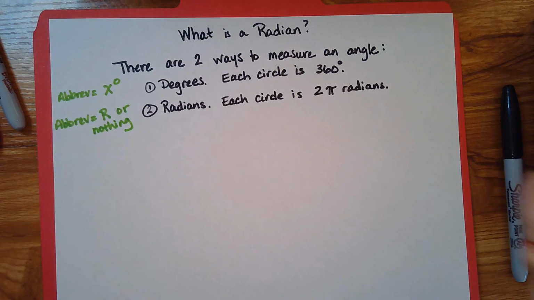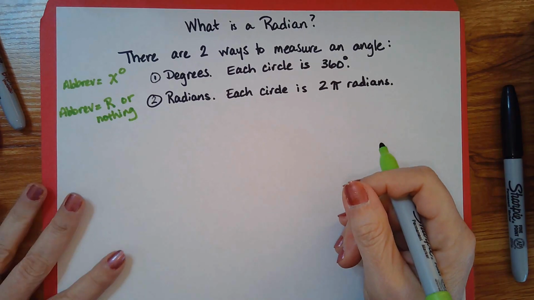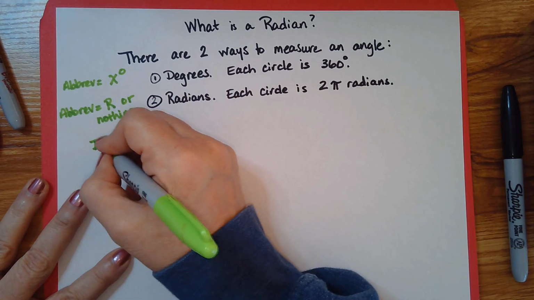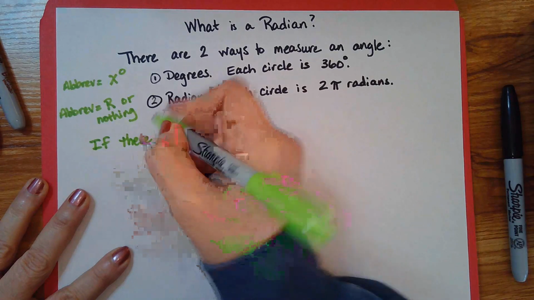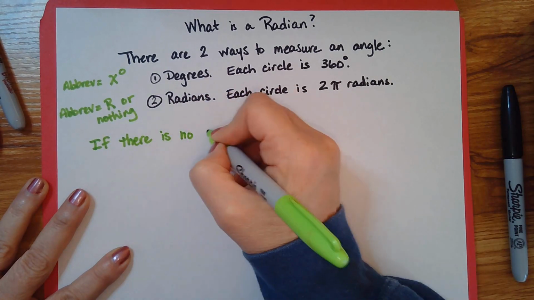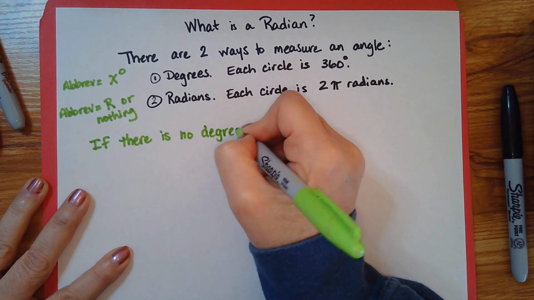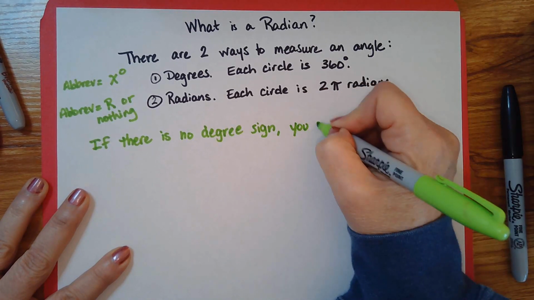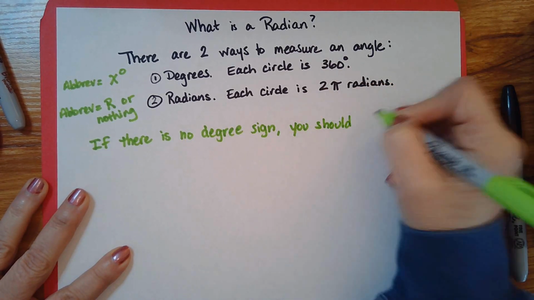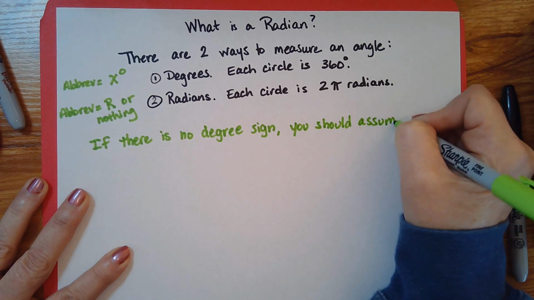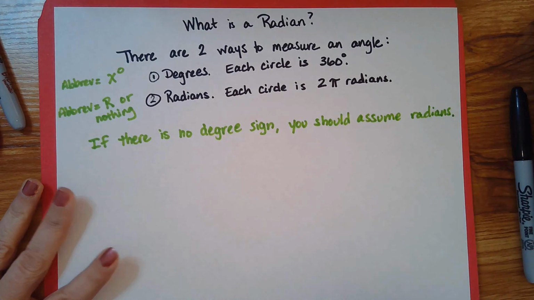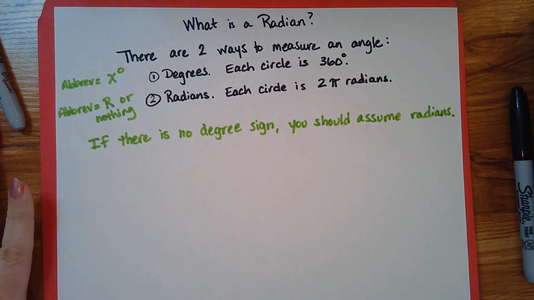They just put the number there and that's it. So the rule is that if there is no degree sign, you should assume radians.